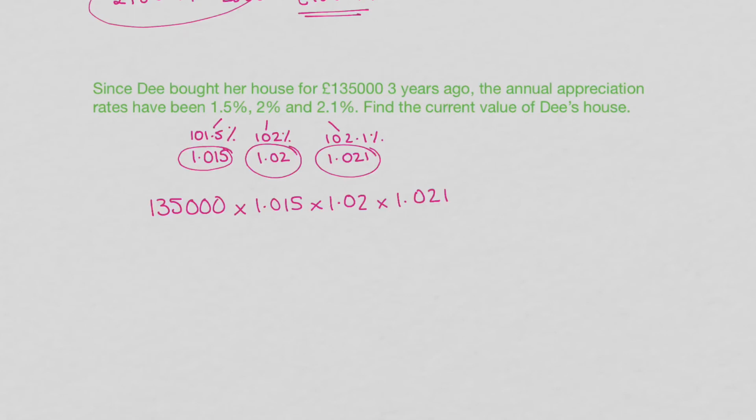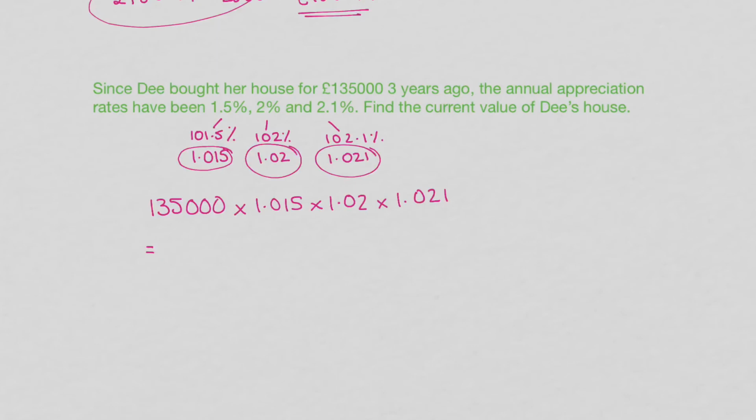So if we'd wanted to, we could have worked it out there, and then multiplied our answer by 1.02, and then written down what that is, and multiplied that by 1.021. But there's no need to do that. We can work it all out in one go. So 135,000 times 1.015 times 1.02 times 1.021.